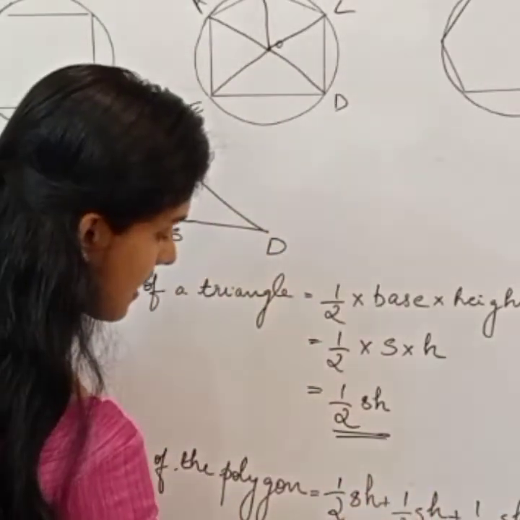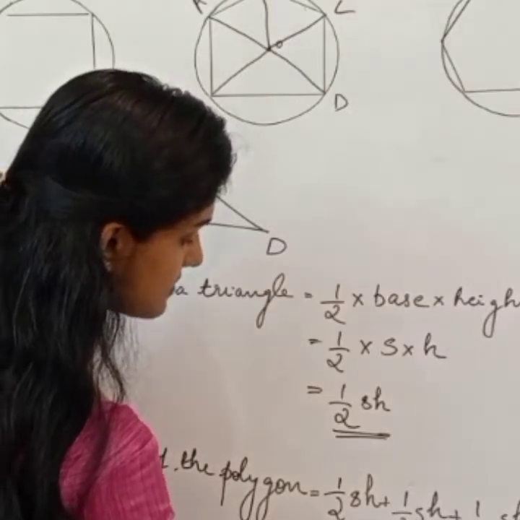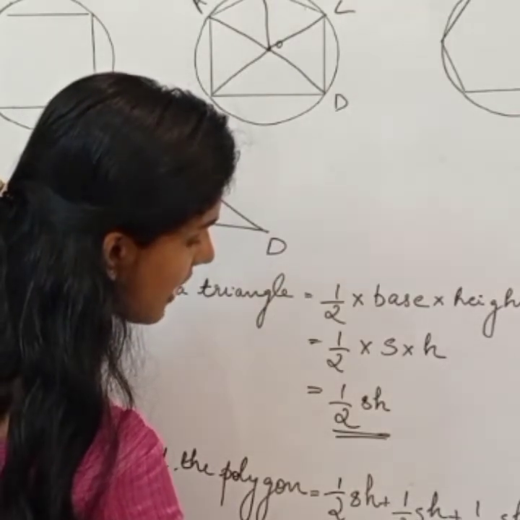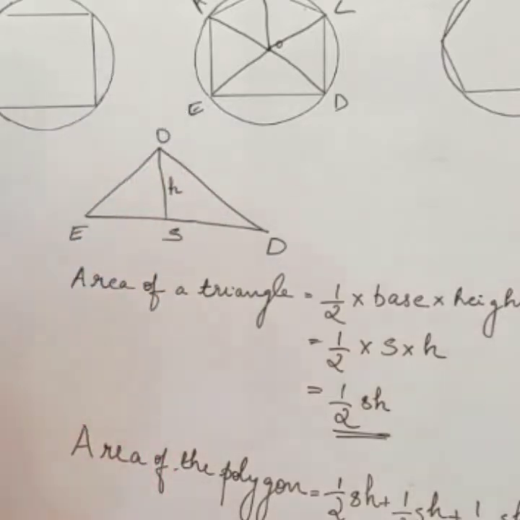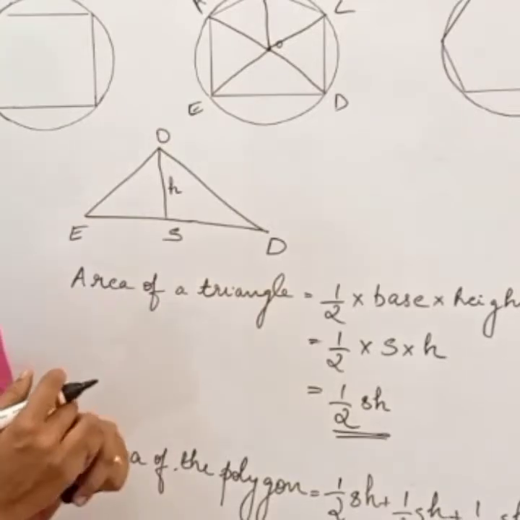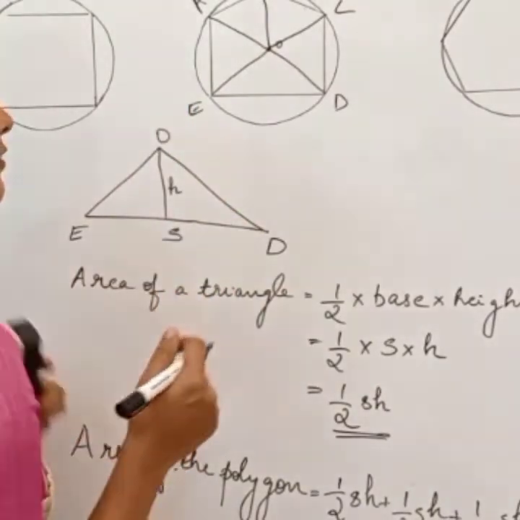That is 5 times half sh. Right. Now, what is the perimeter of this polygon? That is the pentagon. What is the perimeter? How do you get it?